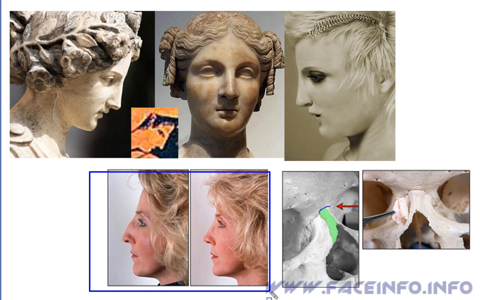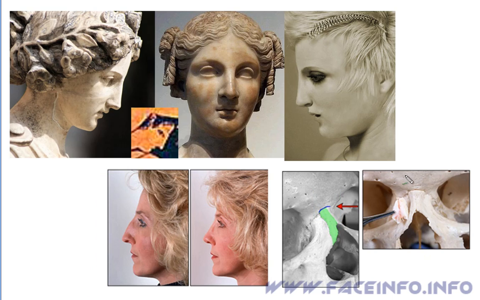And additionally, to removing the bulge, she has had a part of her nasal bone cut up to this spot, which is called nasion. So this is the frontal bone. These are nasal bones.